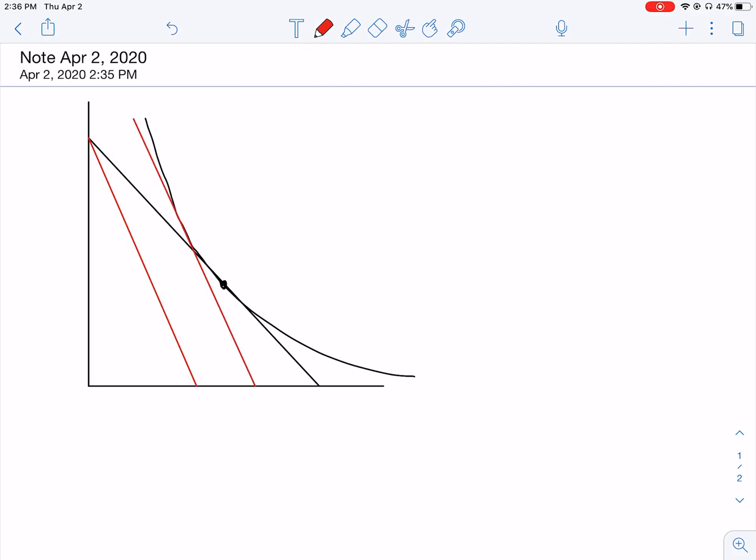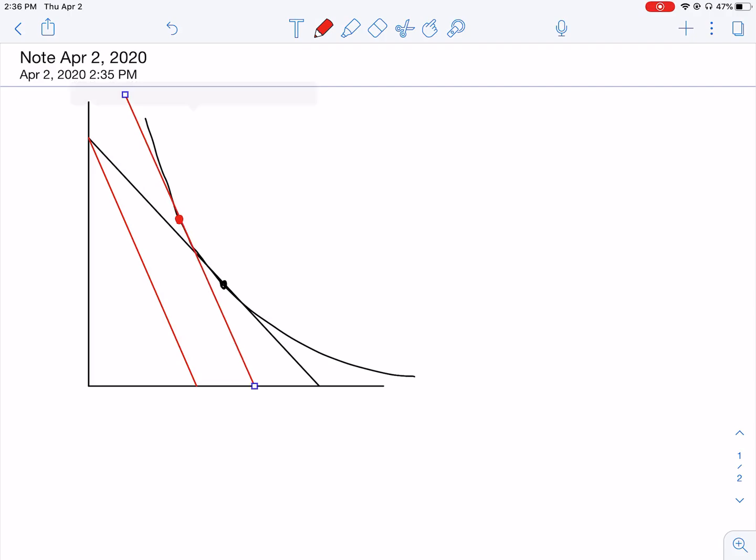This is not the best picture, but I'm just doing my best. So this is the substitution effect, right?